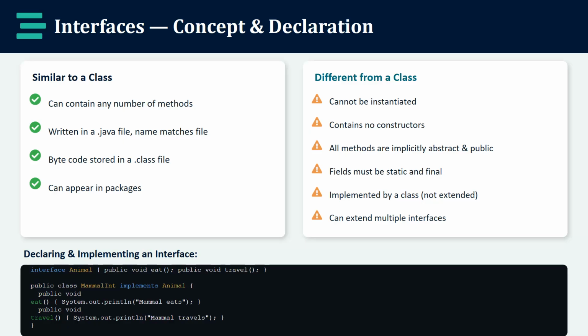Now, an animal can be a mammal, and it can be implemented also as an animal. So it's both an animal and a mammal. That's why we say it implements. Then you can have the functionalities of a mammal being able to eat and travel, and then you get the final output results for that.